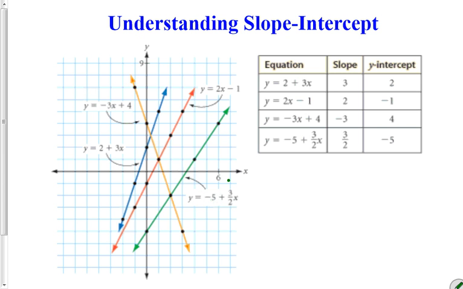And our slope is the coefficient of the x term, +3/2. So we can find our slope by going rise 1, 2, 3, and run 1, 2. That's a slope of 3/2.